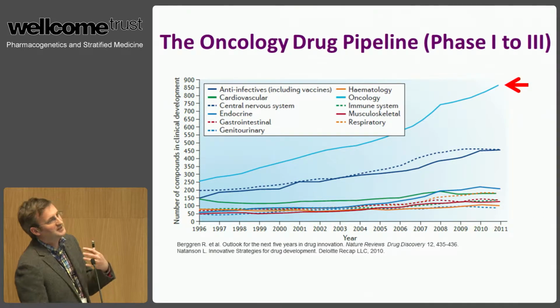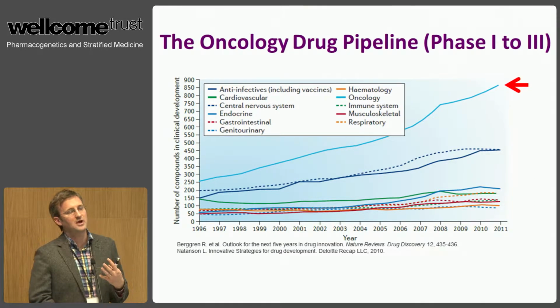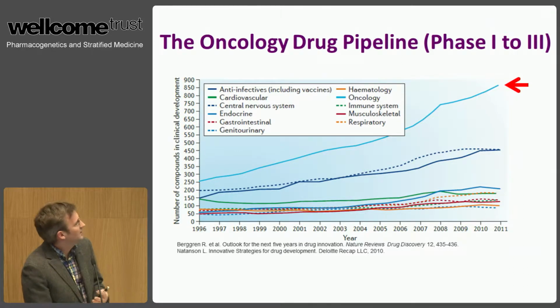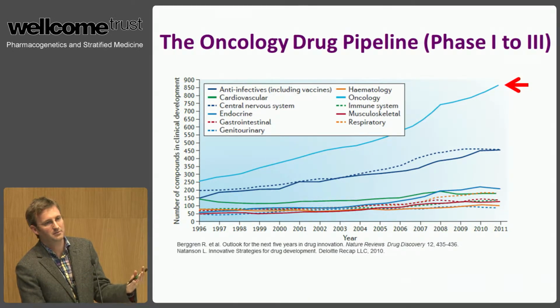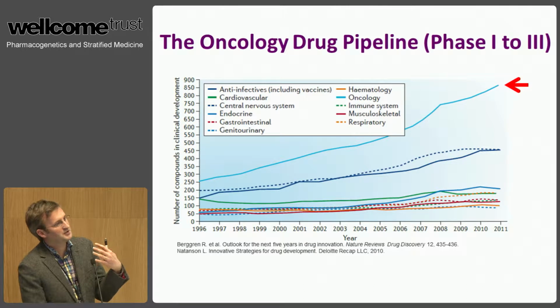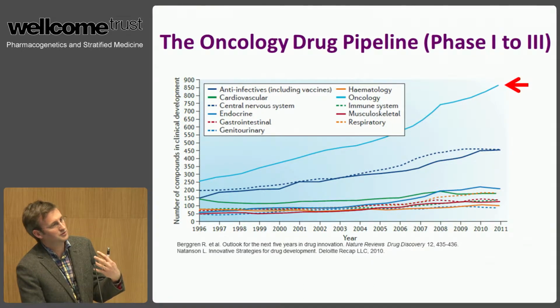Of course, this represents an enormous opportunity, but also an enormous challenge, because most of these compounds will not have a biomarker that will allow us to identify the patient population most responsive to a particular therapy. So there's a need for many of these drugs to identify those biomarkers.